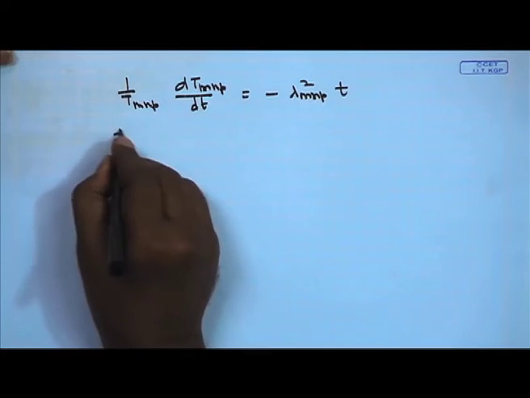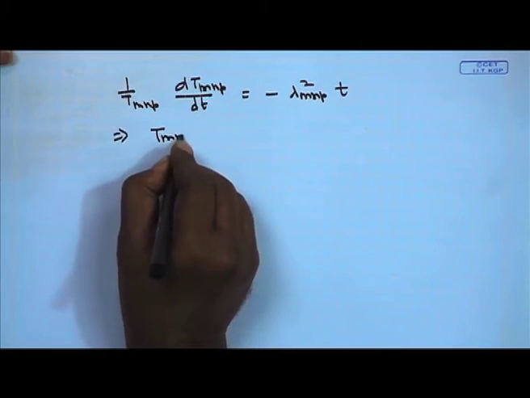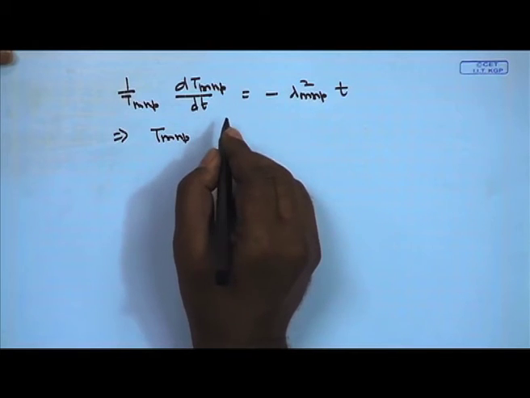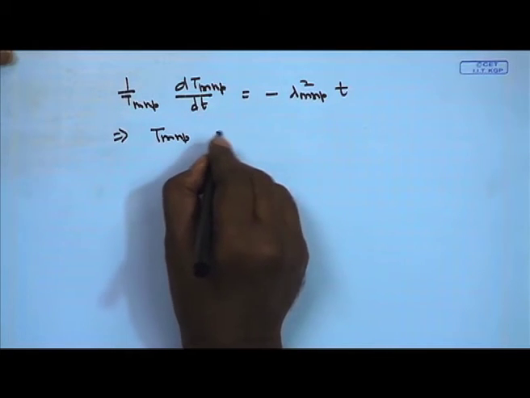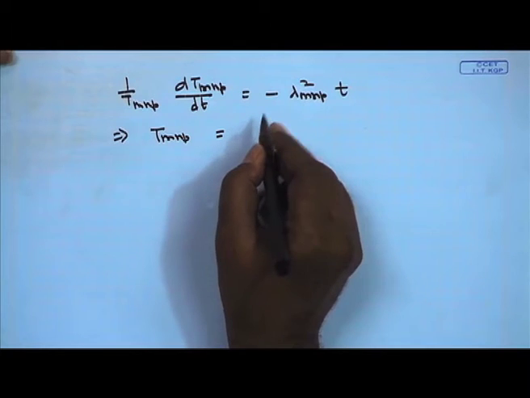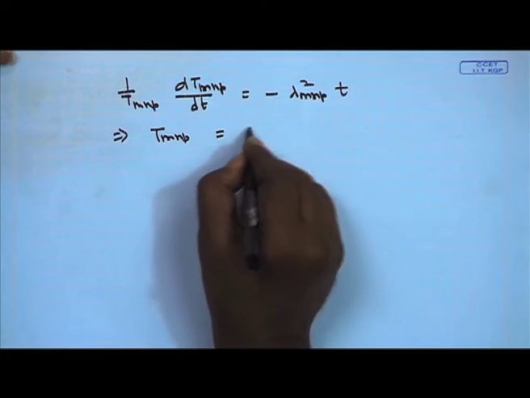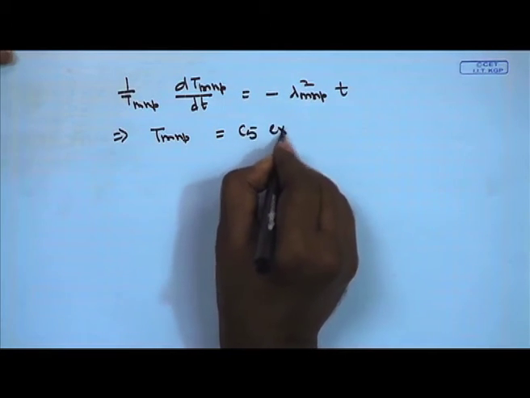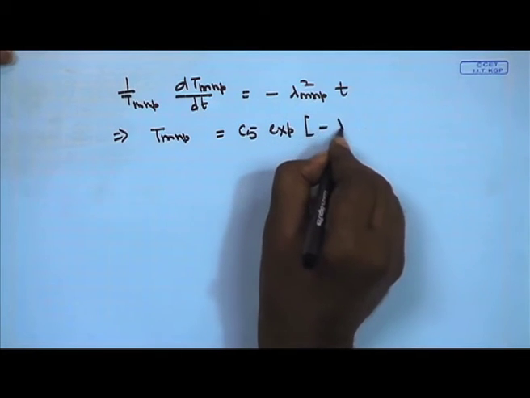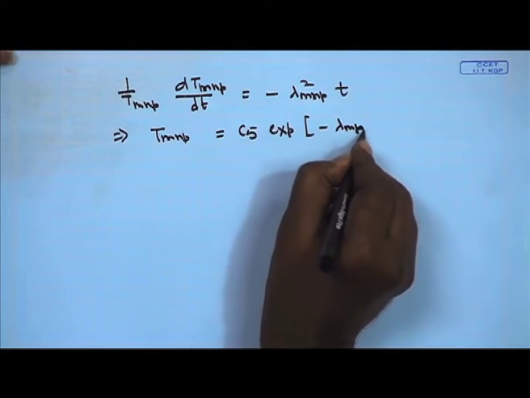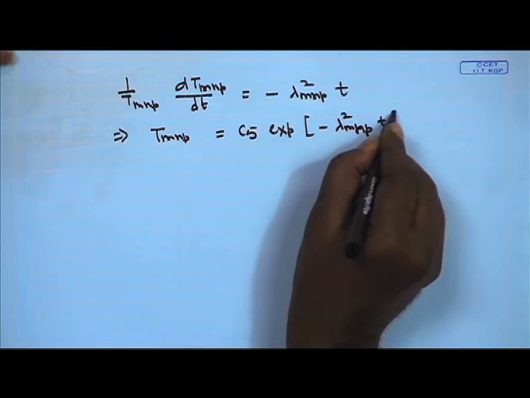So, we will get T m n p equal to, let us say, C5 exponential minus lambda m n p square times t.